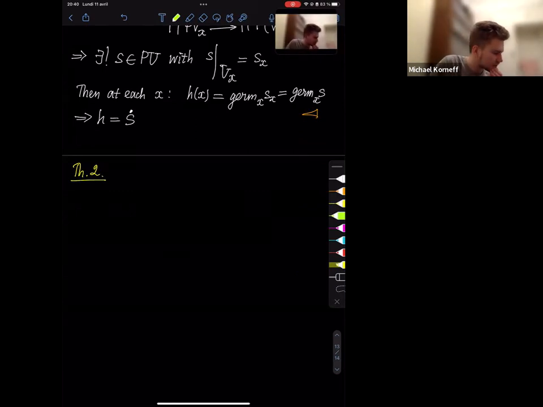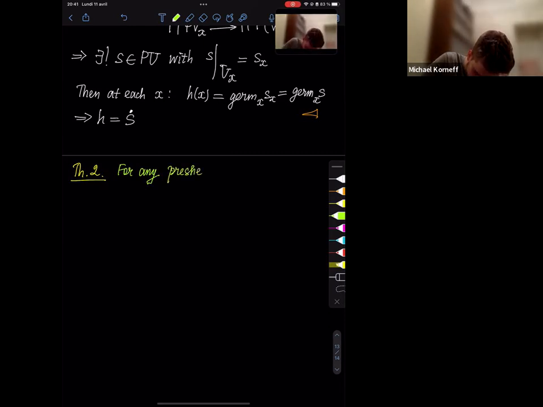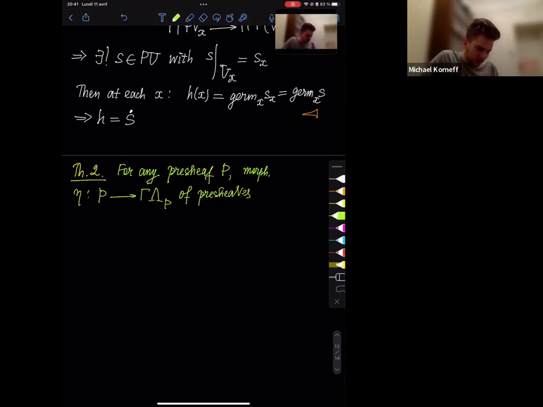It turns out that eta is a unit of the adjunction, and this states the following theorem: for any presheaf P, the morphism eta from P to gamma lambda P of presheaves is universal.